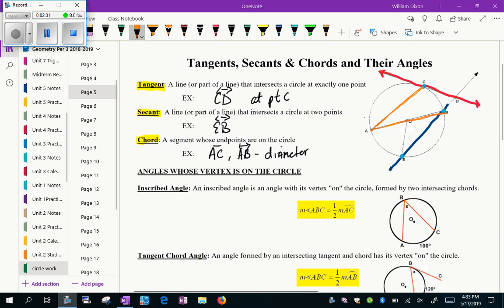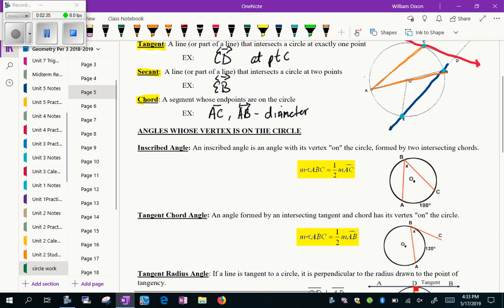Okay, so let's start taking a look at some angles whose vertex are on the circle. And these we've looked at already. So an inscribed angle, which we discussed before, is an angle whose vertex is on the circle, formed by two intersecting chords. So once again, I have a chord AB and I have a chord BC.